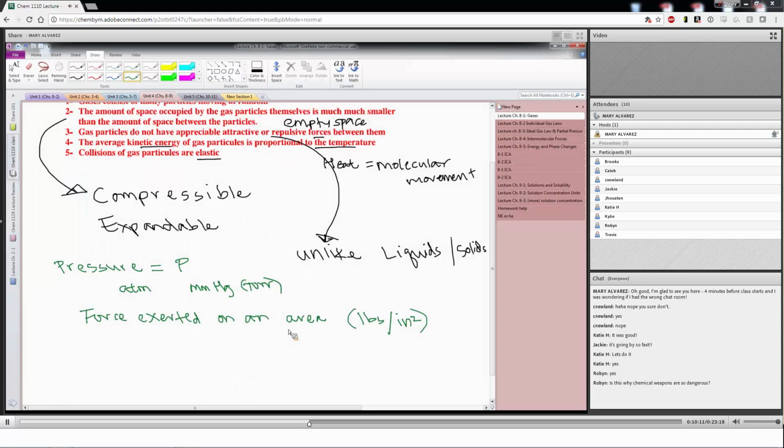So this would be why, for instance, nitroglycerin is dangerous, whereas a chemical weapon like sarin is dangerous because of the chemical reactions it undergoes with biological molecules. Does that answer your question, Robin? Sorry, I didn't mean to just keep talking. I didn't see it in context.